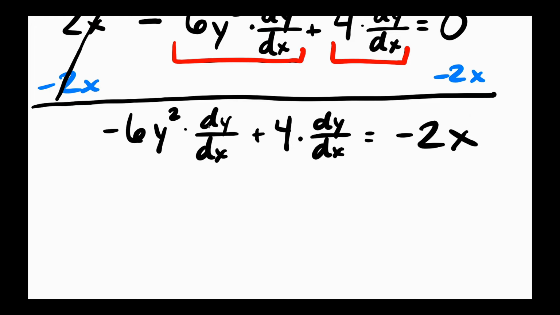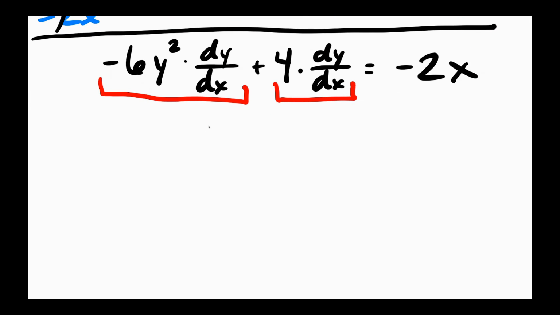What else could I do? I could factor them out, right? Don't I have two terms over here on this side? I got this guy plus this guy. What do they both have in common? They only have one thing in common. They have that tag, dy over dx.